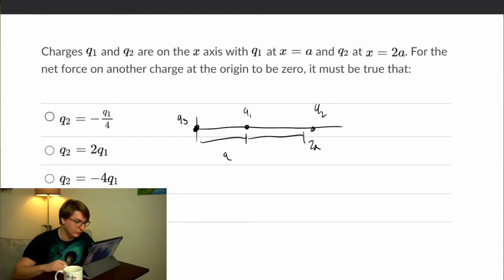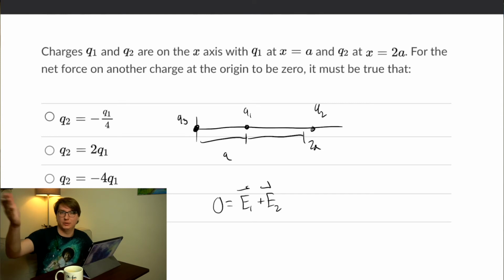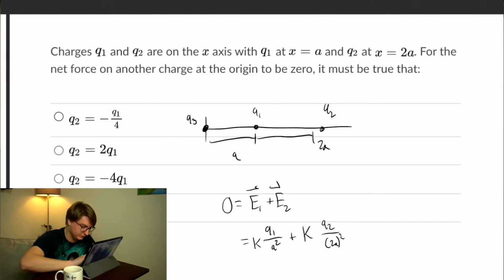So how do we make the electric field 0 there? You can imagine we want to get 0, an electric field created from one and some of the other. These are really vectors, but only the x components matter. So we get Q1 K over A squared plus K Q2 over 2A squared.